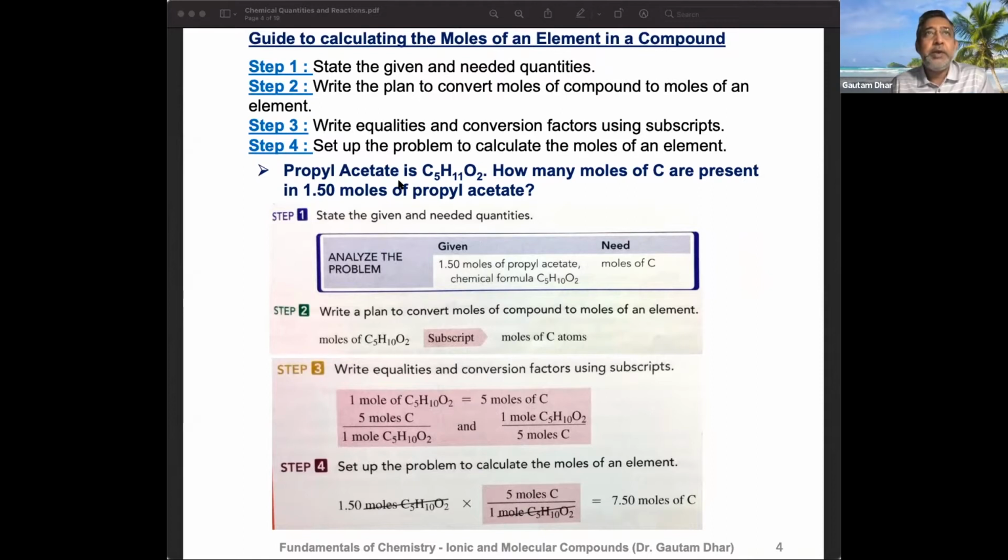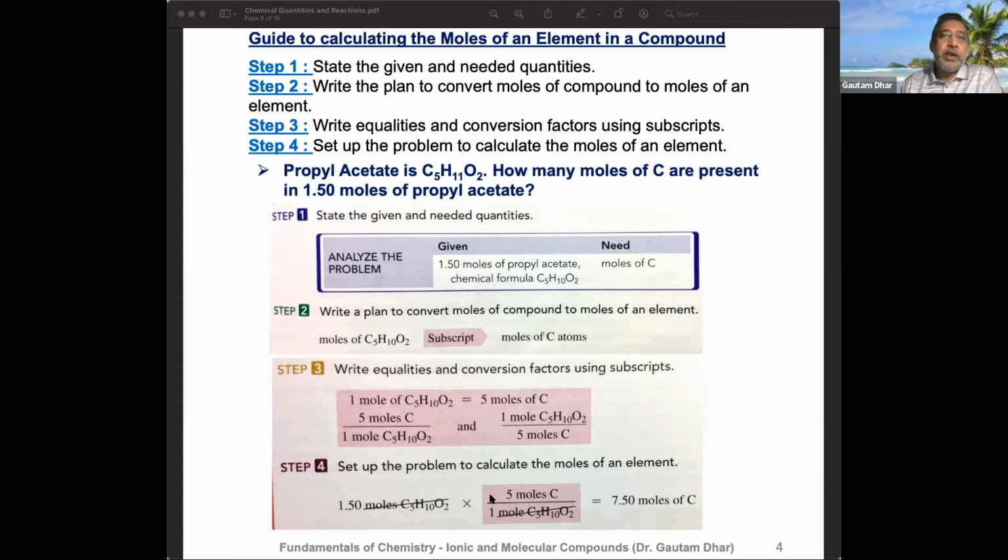So the moles of propyl acetate should cancel out, and moles of carbon should remain. If you look at the relationship between propyl acetate and carbon, you see this pink block here. This is the relationship, and we can get two conversion factors.